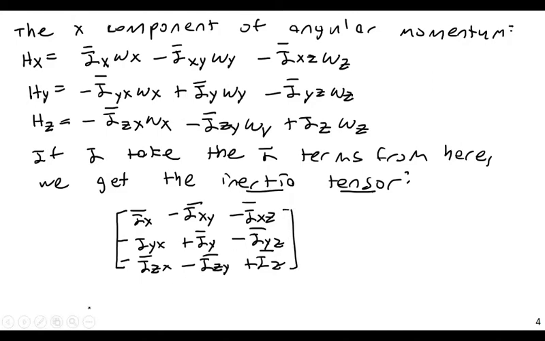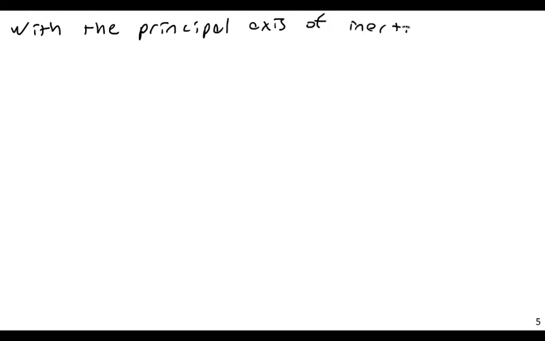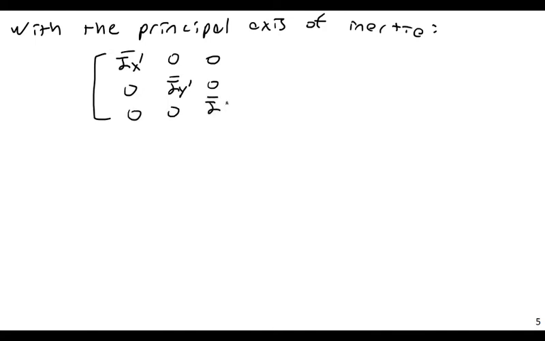Then, if I want to take this with respect to the principal axis of inertia, again in relation to its own mass center, this would collapse to simply Ix prime, 0, 0, 0, Iy prime, 0, and then 0, 0, Iz prime.